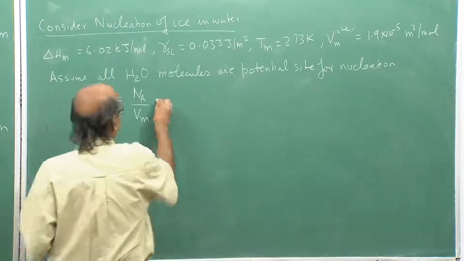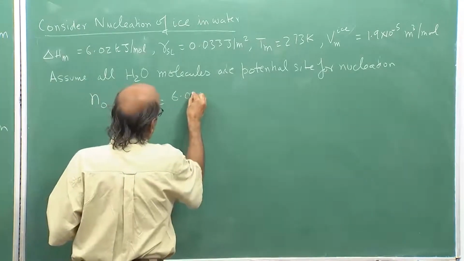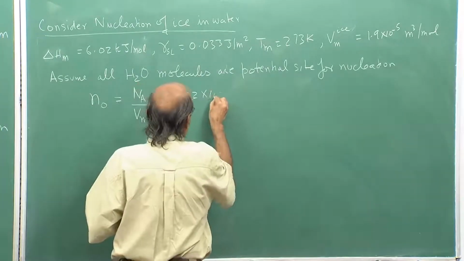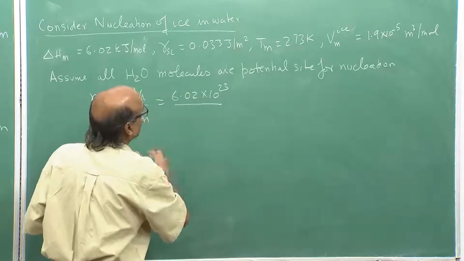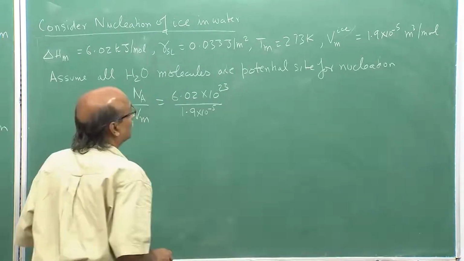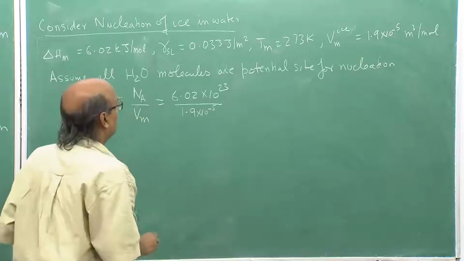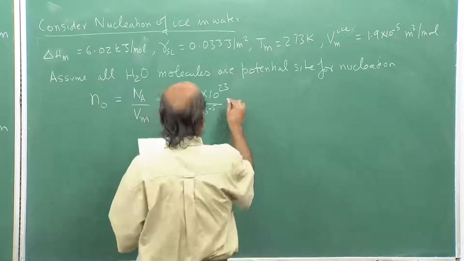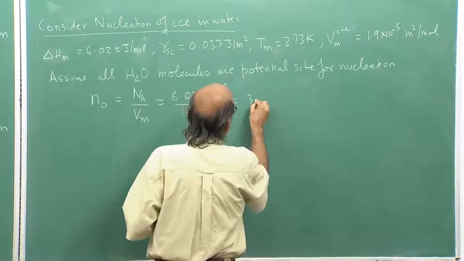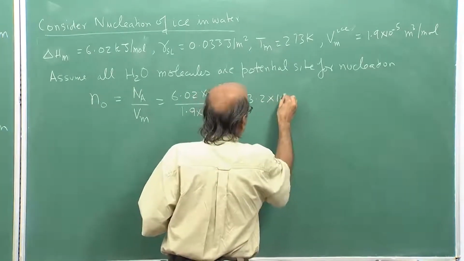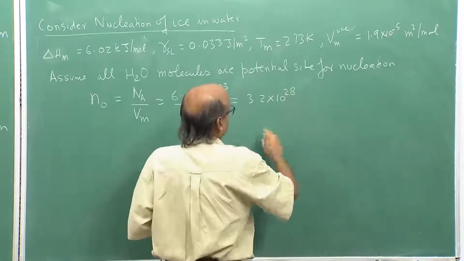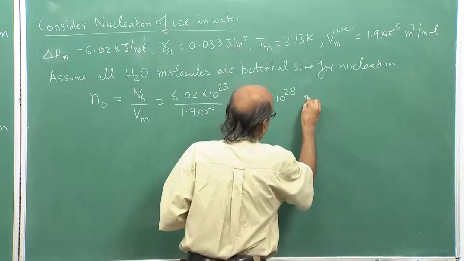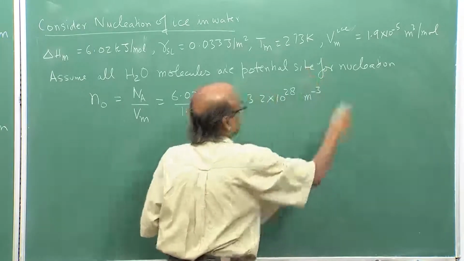So, Avogadro number, if I take as 6.02 into 10 to power 23, divided by the molar volume for ice, which is 1.9 into 10 to power minus 5 meter cube per mole, this gives me 3.2 into 10 to power 28 potential nucleating sites per meter cube.